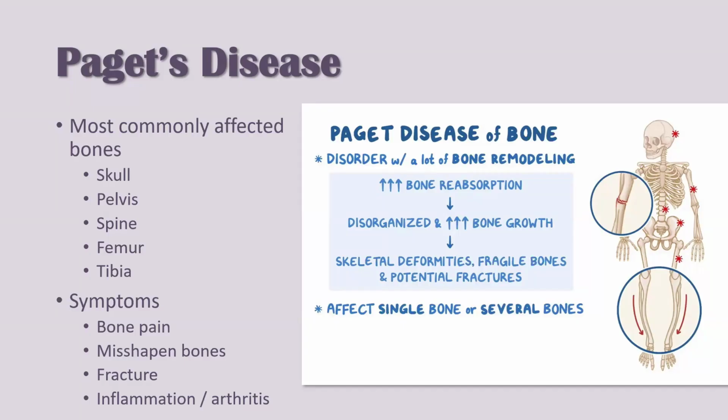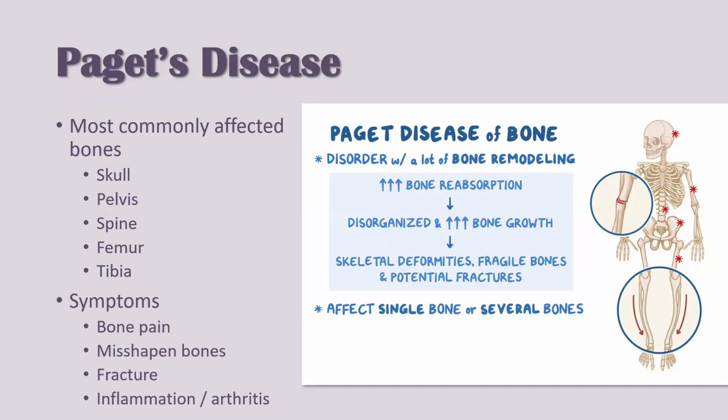And as you can see, the most commonly affected bones are the skull, pelvis, spine, femur, and tibia. Since this disorder results in the increasing breakdown of bone, replaced by the disorganized bone or excessive growth of bone, it increases fragility of the bone as well as deformity.